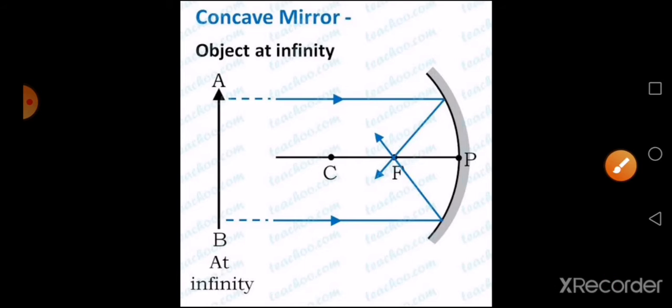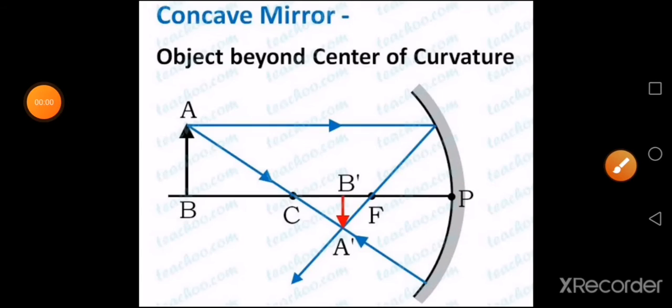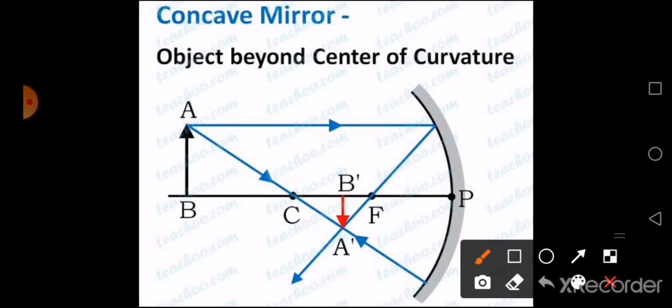Now the next one is object beyond center of curvature. Whenever the object is beyond the center of curvature, you have to keep the object here. Now how will you draw?